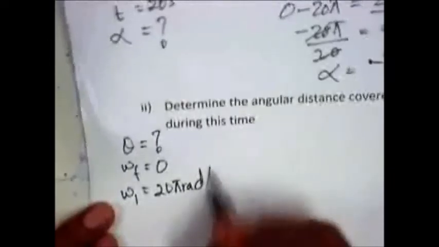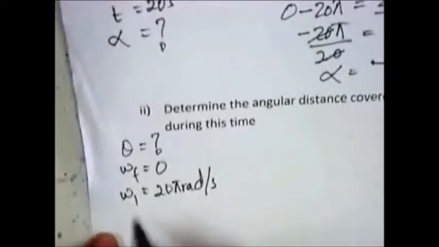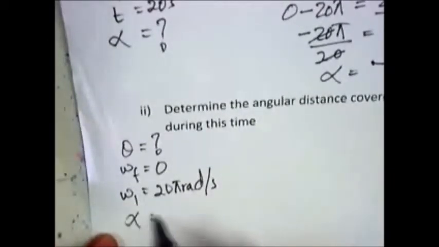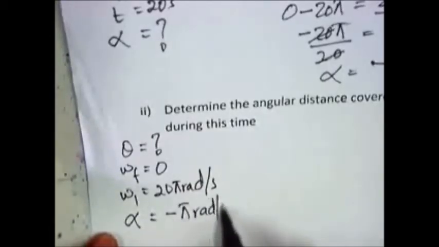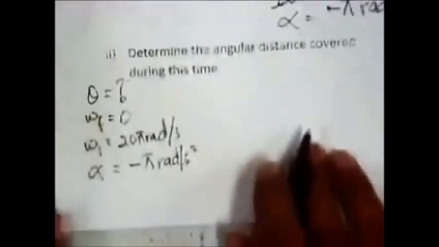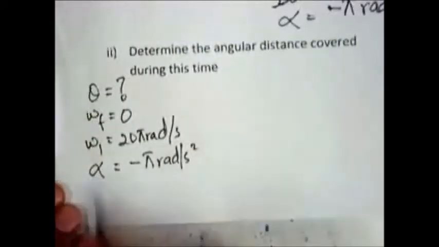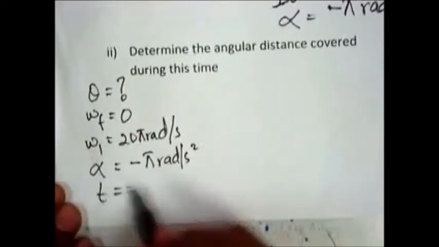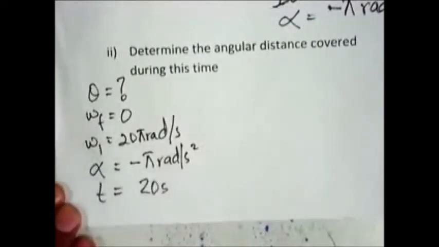You already know that omega f is equal to 0, omega i is equal to 20 pi radians per second, your acceleration has come to minus pi radians per second squared, and you have a time of 20 seconds.